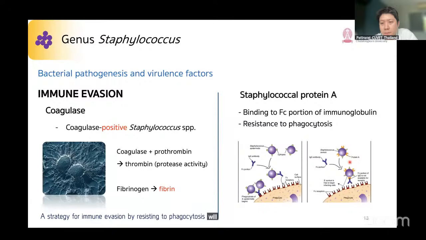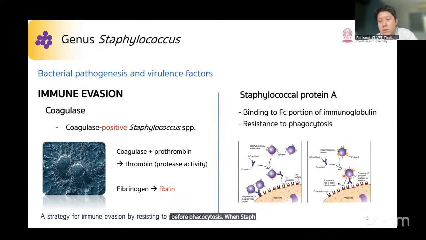It will capture the Fc portion of the immunoglobulin antibody. The Fc portion is the recognition part of the antibody used by phagocytes before phagocytosis.